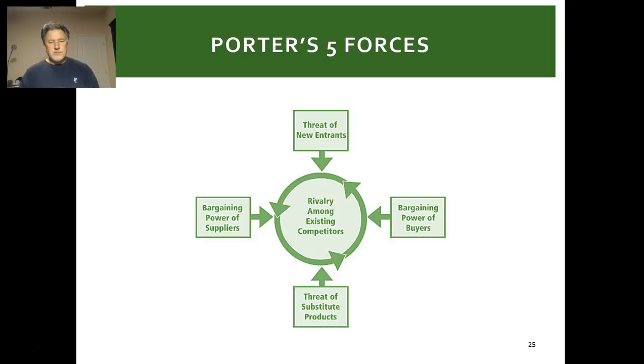2, the threat of substitute products. Wine gets too expensive. Oh, craft beer might be another beverage to consider at half the price to satisfy my beverage need when I'm having dinner, especially a nice dinner.